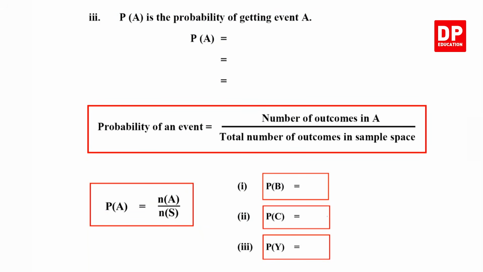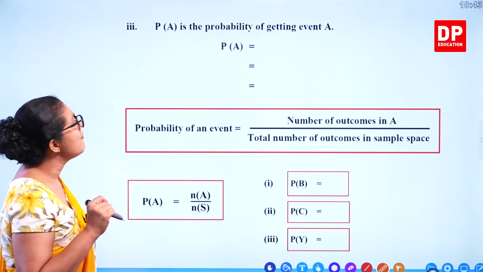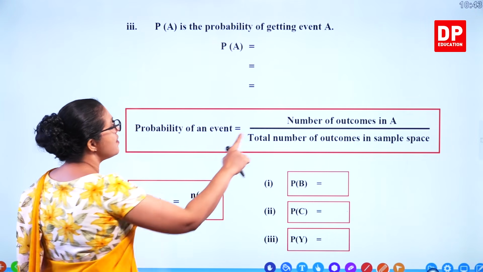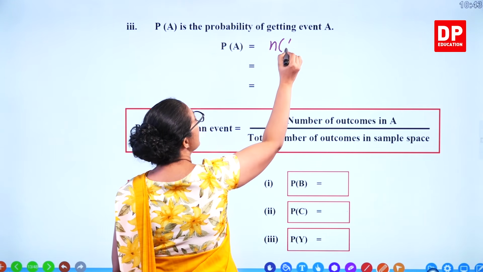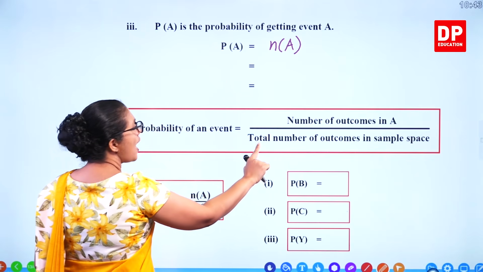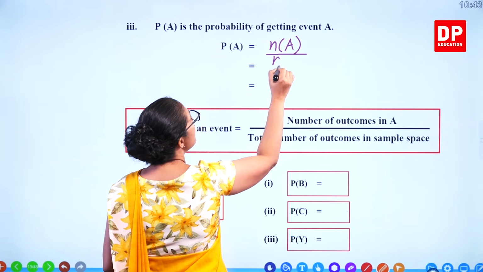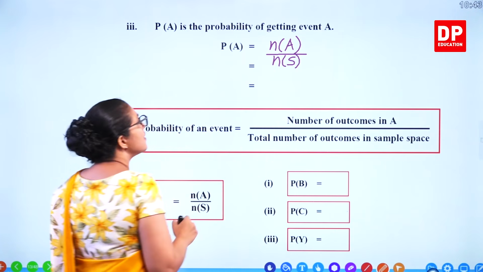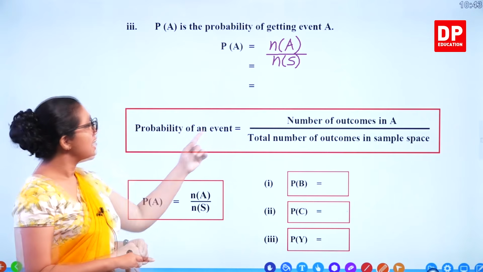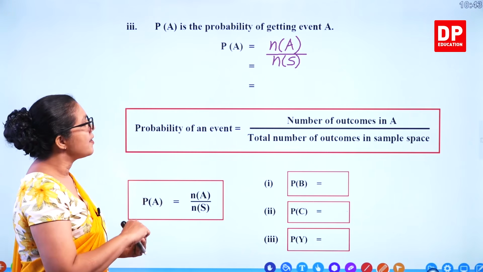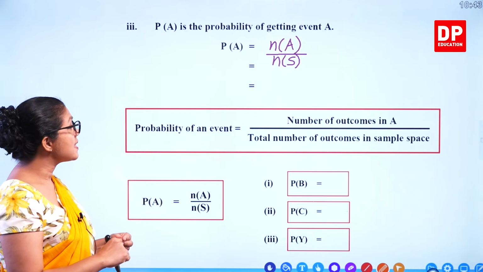So how can we find the probability? The probability of any event A is the number of outcomes in A divided by the total number of outcomes in the sample space, in S. Probability of any event is the number of outcomes in that event divided by the total number of outcomes in the sample space.